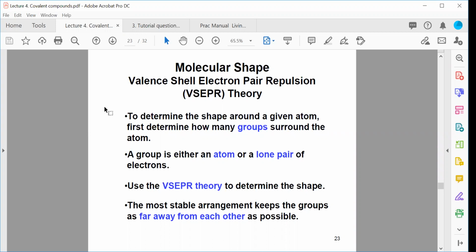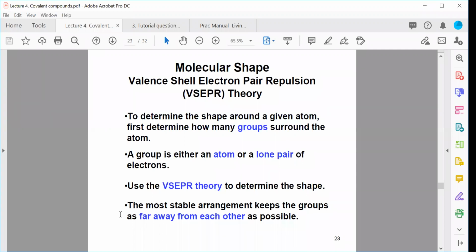And it's based on the theory that the most stable arrangement for any molecule is that arrangement that will keep the electrons in particular as far away from each other as possible. And that's because electrons, of course, are negatively charged. They will repel each other. So that's just one of our laws of nature, I like to say.